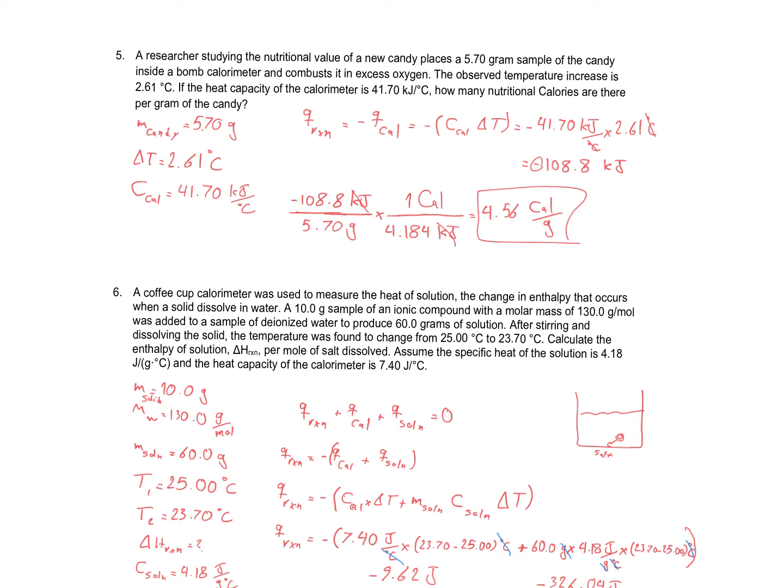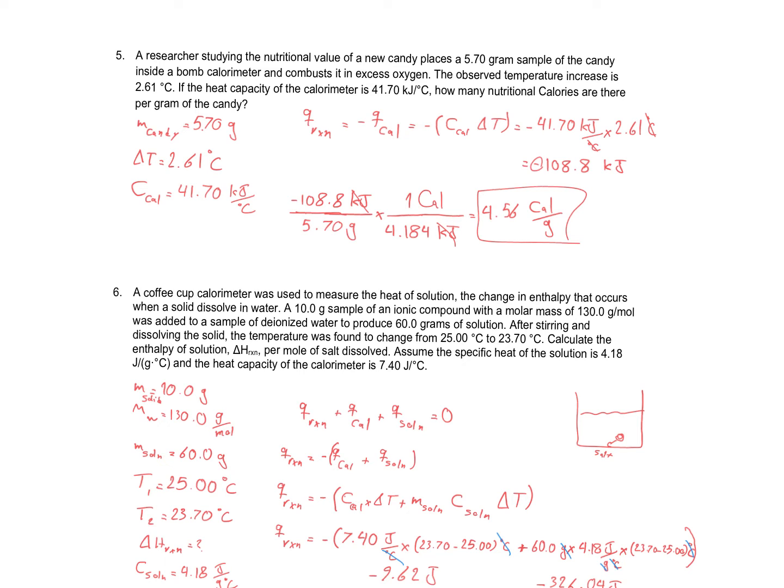The observed temperature increased by 2.61. It says the temperature increased by, so that's delta. It's not T1 or T2. So delta T is 2.61 degrees Celsius. If the heat capacity of the calorimeter, so Ccal, is 41.7 kilojoule per degree Celsius.